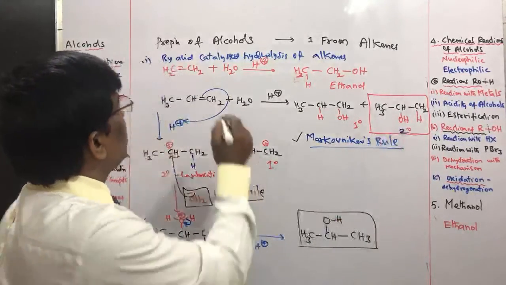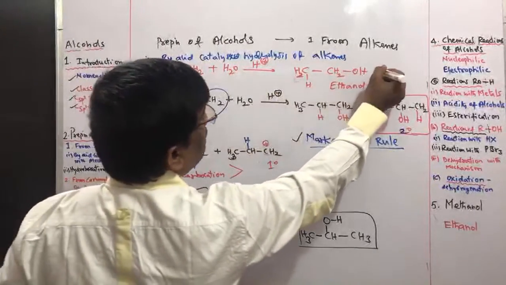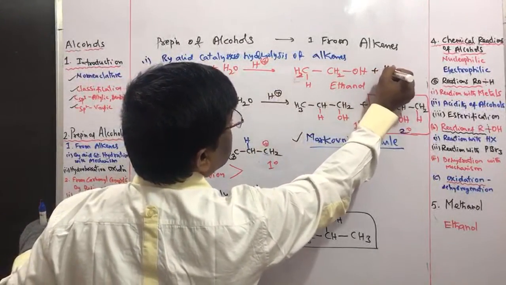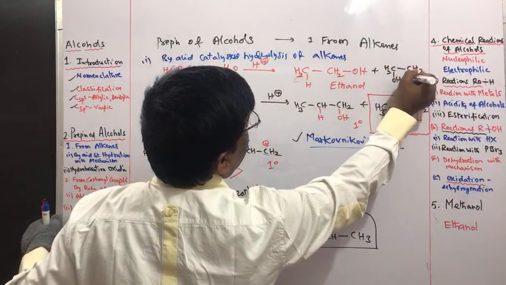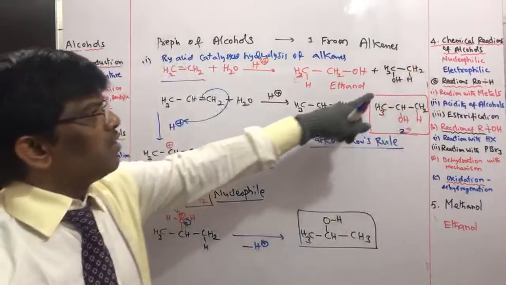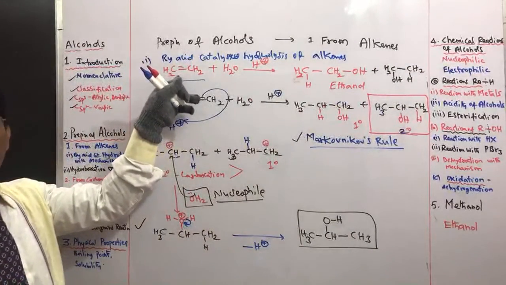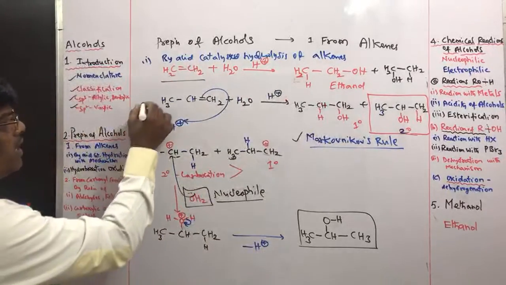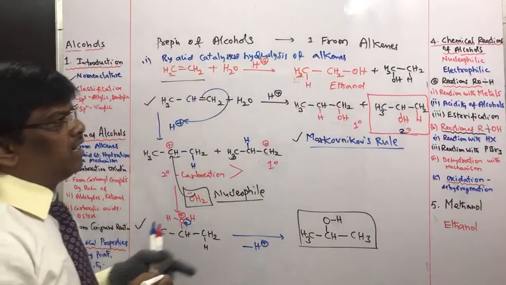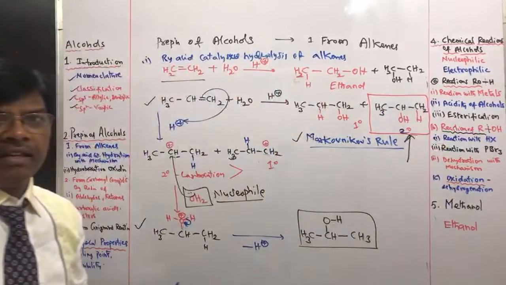If I take only a symmetric alkene, this is ethylene, so no doubt whether I get CH2 OH on this side or that side. This is also ethanol and this is also ethanol. When it is a symmetric or simple alkene, you are going to get only one product. But when it is unsymmetric, you will get Markovnikov's product as a single product.